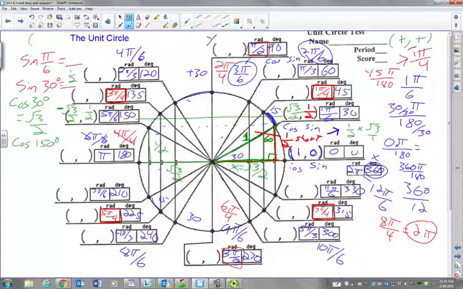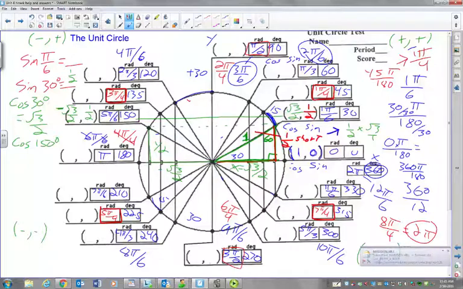In the second quadrant, the x values are negative, but the y values are positive. Down here, they're both negative. So all your answers are negative in the third quadrant. And then down here in the fourth quadrant, the x is positive, but the y value is negative. So that'll help you in filling out the unit circle.